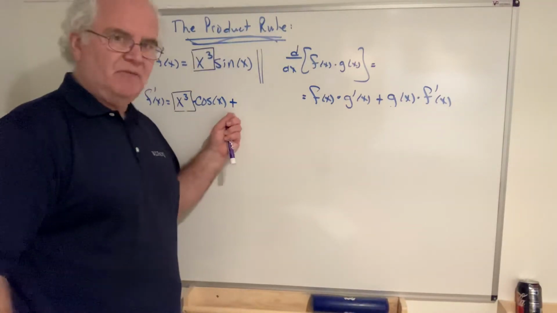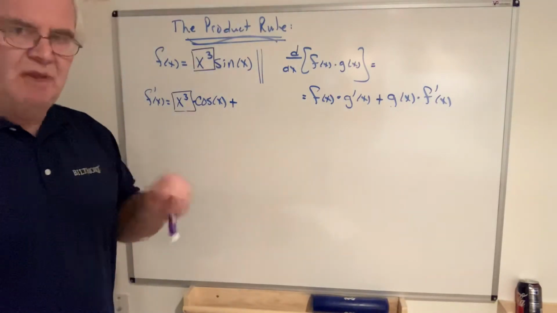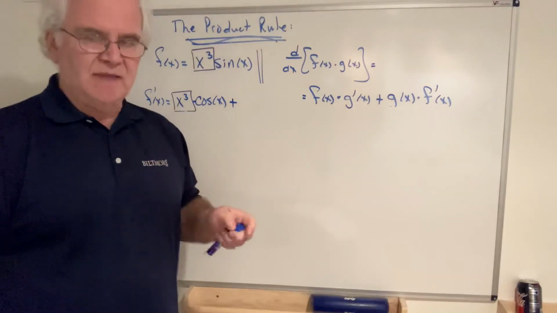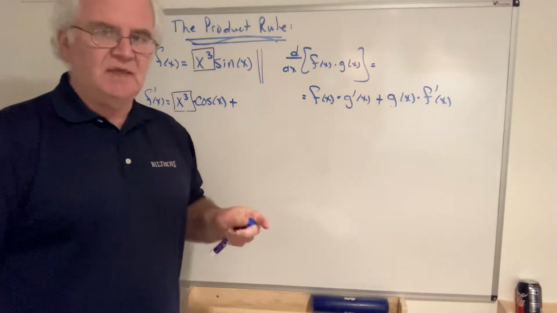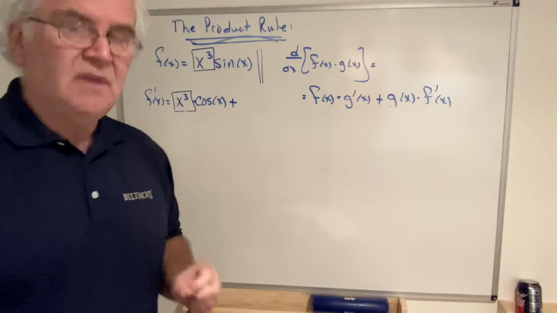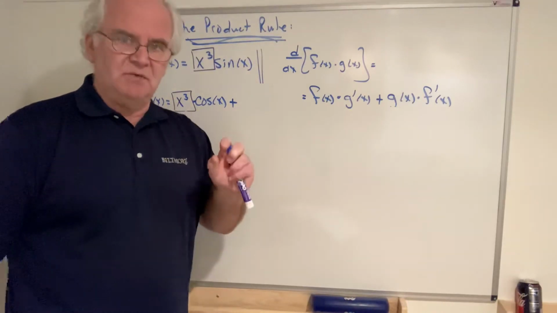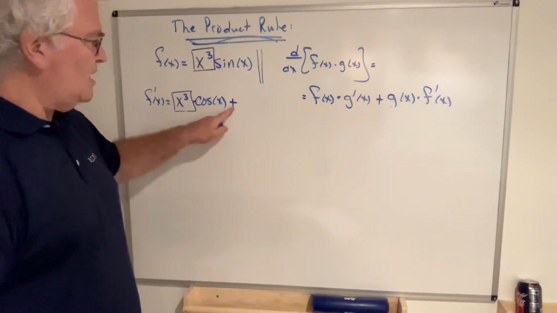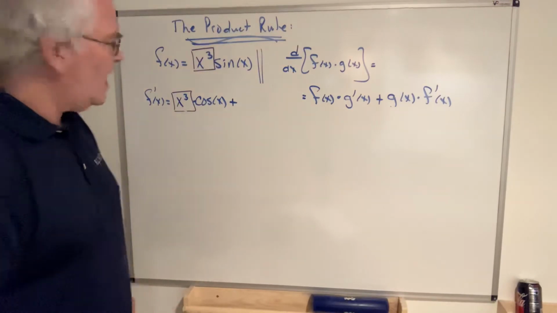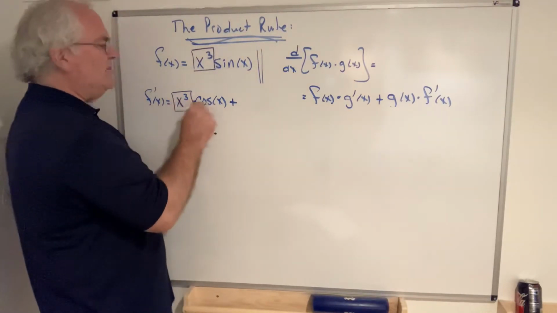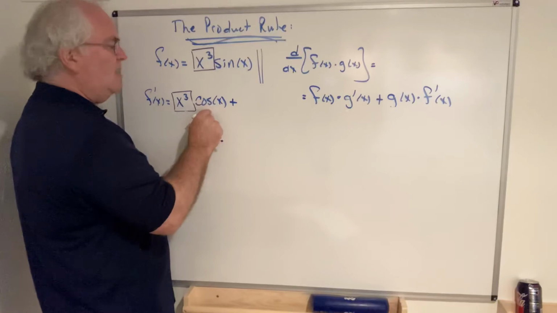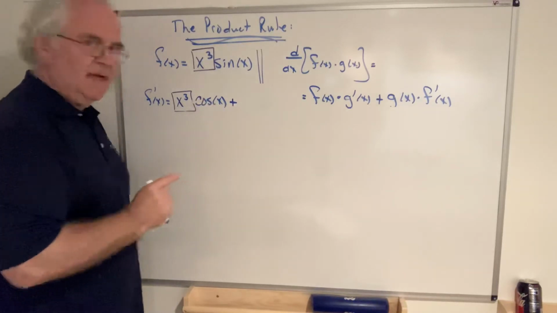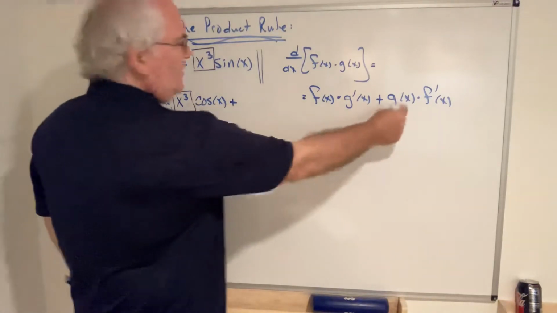Product rule starts with a P, and you're doing plus. Product rule is plus. Guess what students very often forget? They forget that the product rule starts with a P, plus starts with a P. So, first times derivative of the second plus the second function.